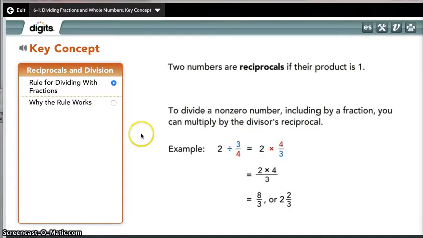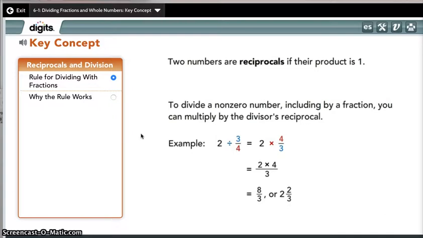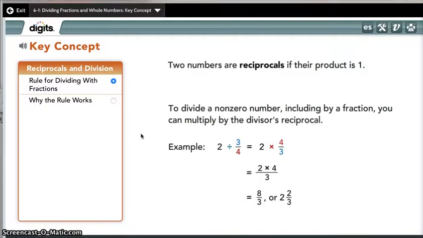So we'll jump into how to divide a fraction by a whole number. When we were doing multiplication, we could work in any order. We could put the 2 here, or the 2 here, and the 3/4 here or here. With division, we can't do that. We have to go in the order that they gave us.